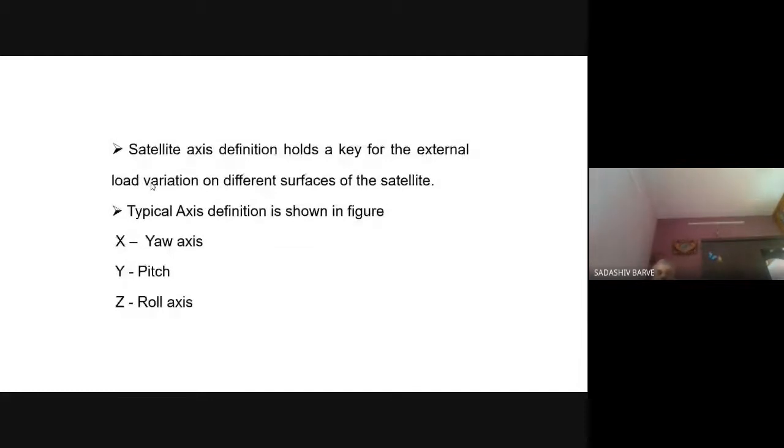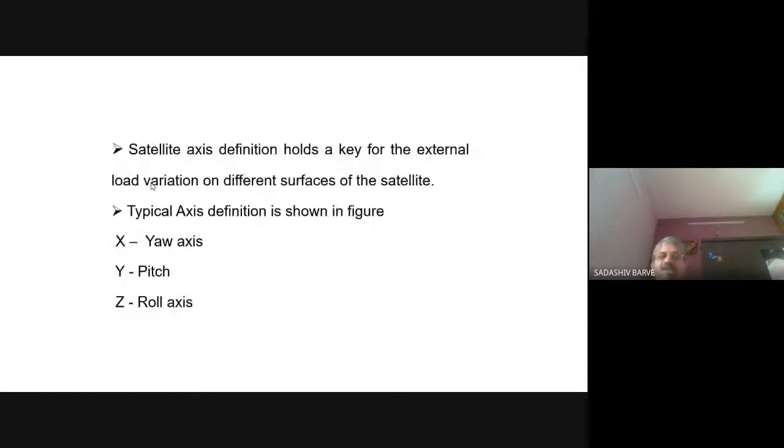Now, satellite axis definition holds the key for the external load variation on different surfaces, because when the satellite configuration is finalized, we will know how the satellite moves in space around the earth with respect to the sun and the earth orientation.